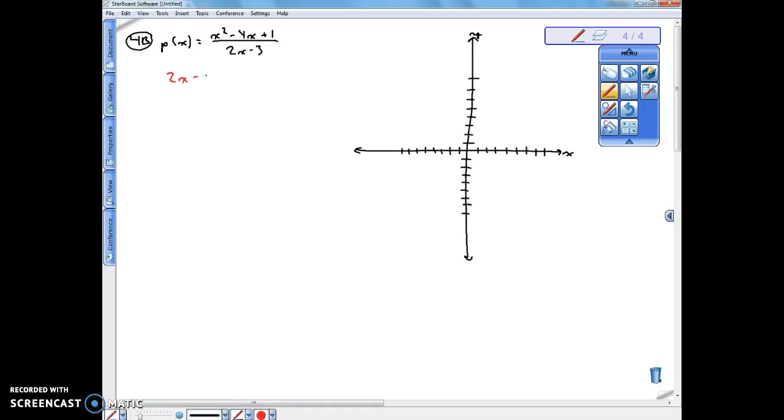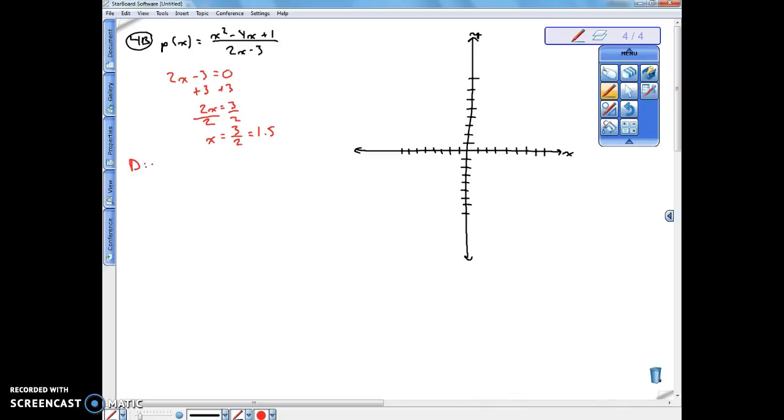In order to do that, I need to set my denominator equal to 0 and see what the zeros of that denominator are. Those are going to be the numbers that are not a part of my domain. And you can see when you add 3 to both sides and divide by 2, you get x equals 3 over 2, or 1.5 for graphing purposes. It might help us out a little bit.